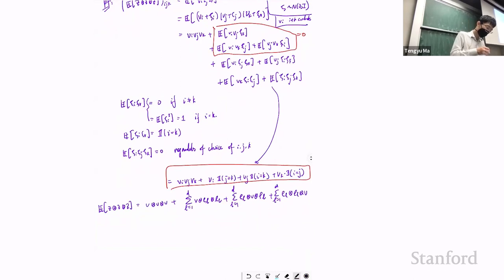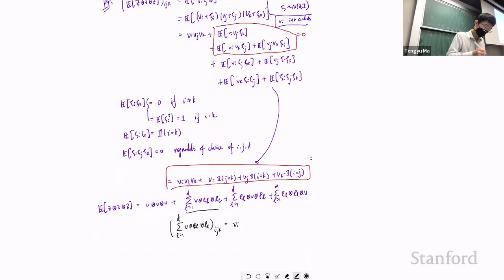So how do you verify that? If you take the ijk coordinate, the question is what the ijk coordinate of V tensor E_L tensor E_L is.